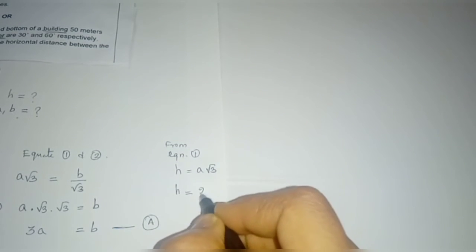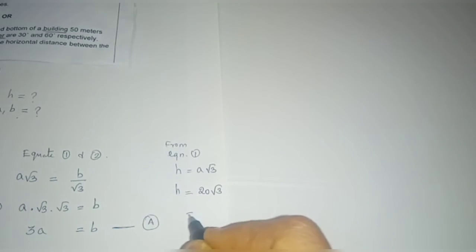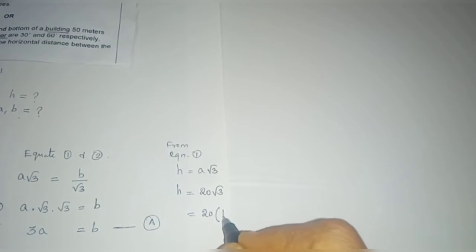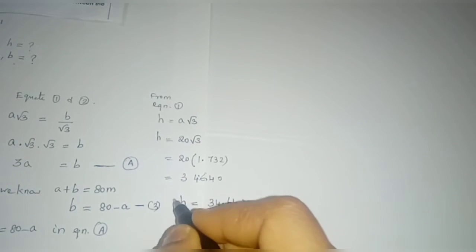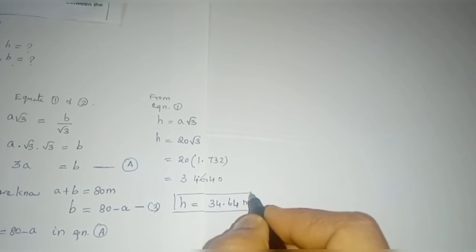So a value is 20 into root 3. 20 into root 3, with root 3 value 1.732, if you multiply, you will get 34.64. So the height of the tree is 34.64 meter. So this is the height of the tree.